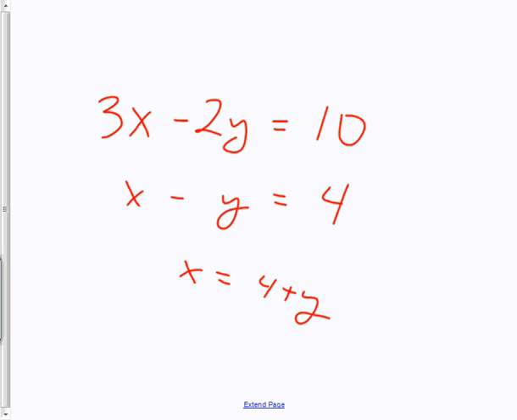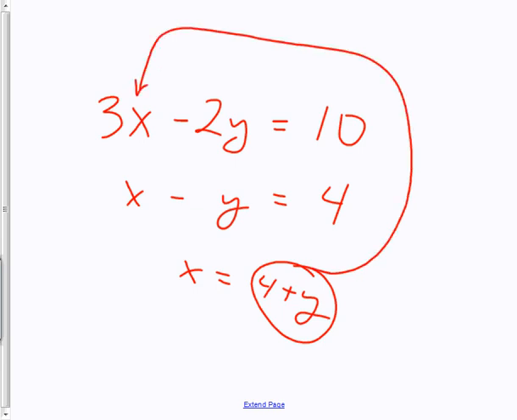Put that into the first equation. So I'll do that in blue. 3, and then I'm putting in 4 plus y here, minus 2y equals 10.